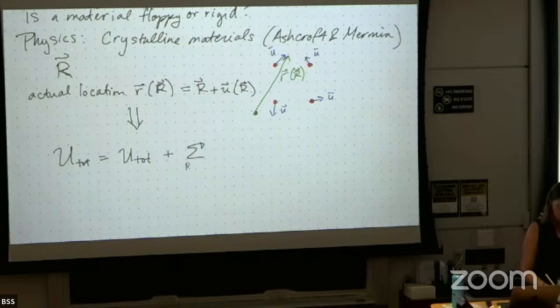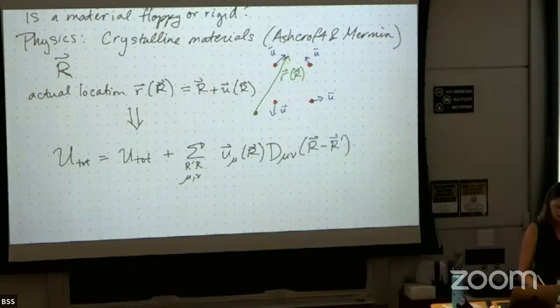You can write it to harmonic order as the sum over Bravais lattice sites and indices of u of R, and then this is the dynamical matrix, which I think you were already introduced to by Professor Das, and then this little u of R prime. This object is called the dynamical matrix.